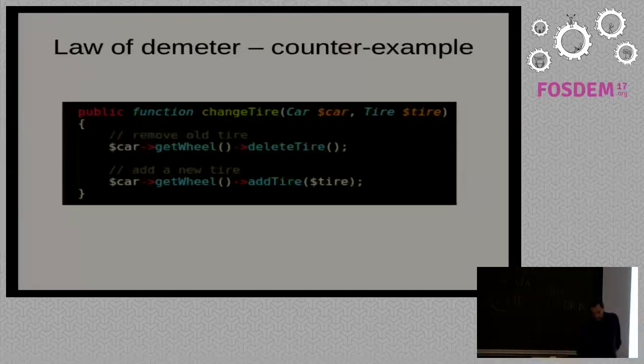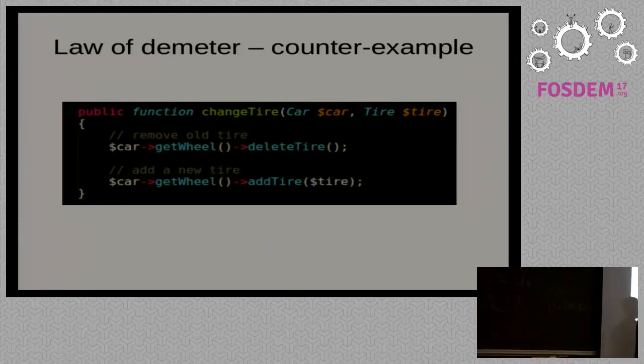So yeah, for the law of Demeter, here you break the law because you talk to a stranger. You don't talk only to your direct friends. Like you have a change tire method on a car with a new tire, so you make car, get wheel, delete tire. This breaks the law of Demeter because you take an object as a parameter and call a method on a dependency of this object.